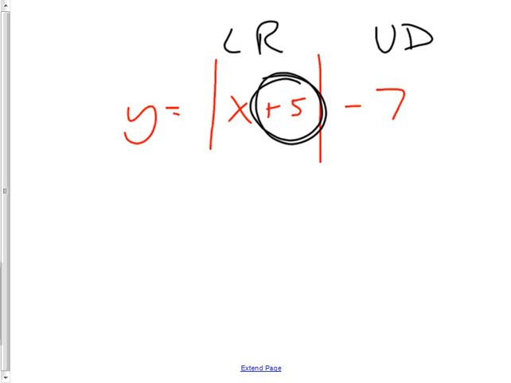What does that do to it? It seems like it should be to the right, but you can't trust what's on the inside. So it'd be left 5. This one, do you agree? It seems like it should move down. And it does, because you can trust the stuff on the outside.